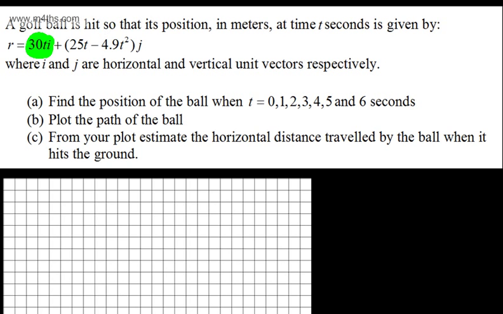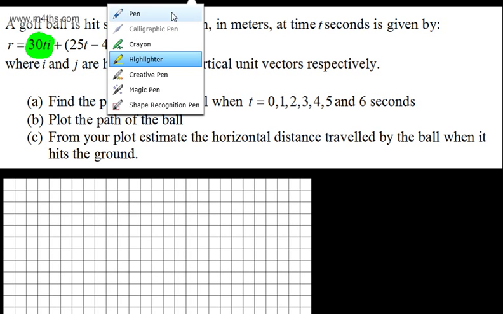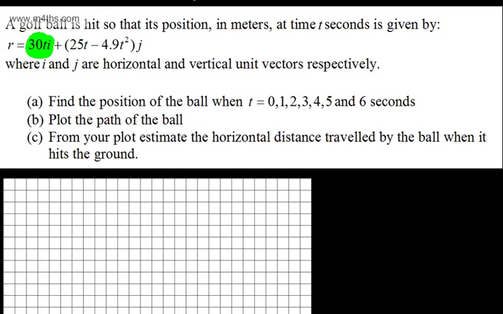Another way you might want to look at it, I could write this as the x coordinate, so x is given as 30t, and the y coordinate is given as 25t minus 4.9t squared. So all this is saying is after no seconds, the x coordinate will be 0.